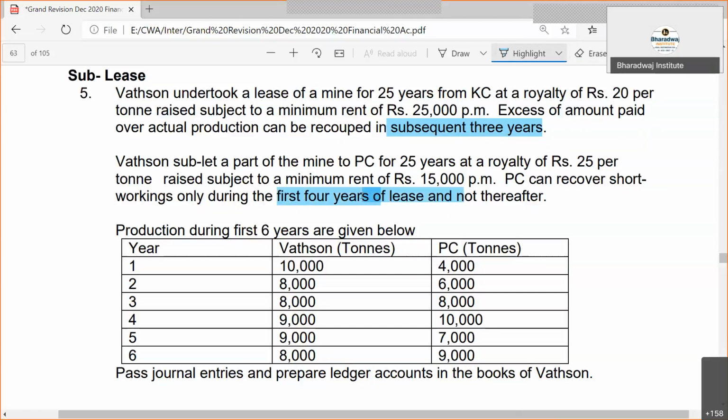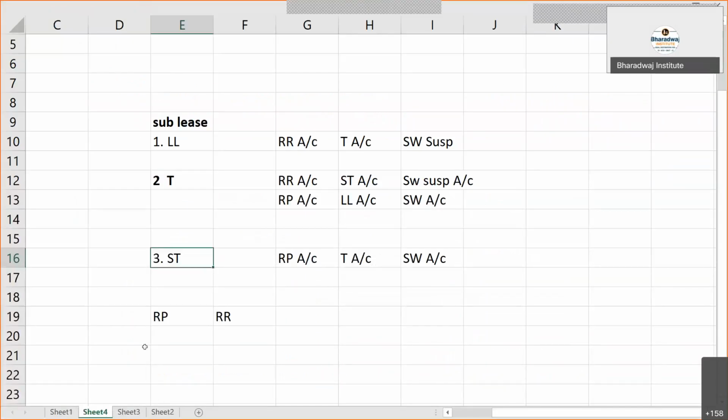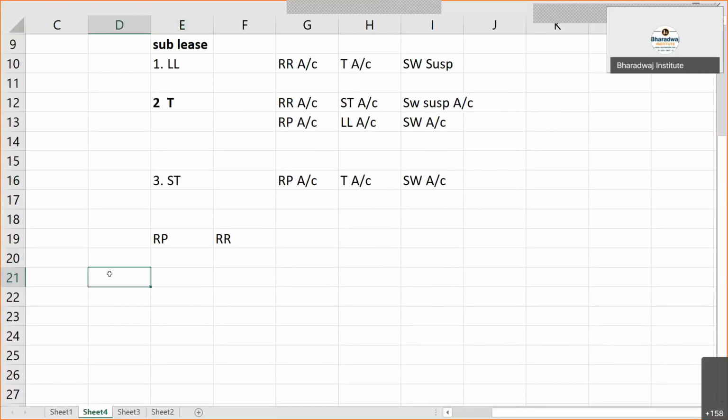Short workings can be recouped during the first 4 years of the lease. Okay. So shall we prepare the table showing the royalty payable first? I'll explain while preparing the table. Let us start with the table showing royalty payable.